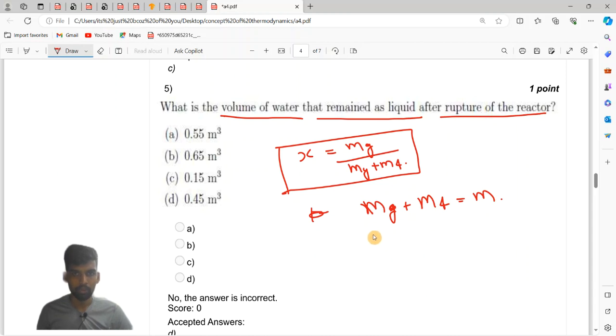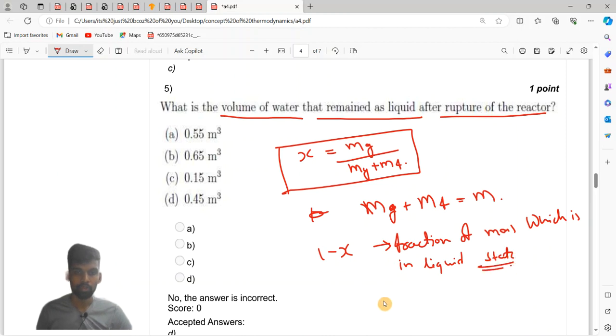Hence, if x represents the fraction of mass that is in the vapor state, then 1 minus x will represent the fraction of mass which is in the liquid state.